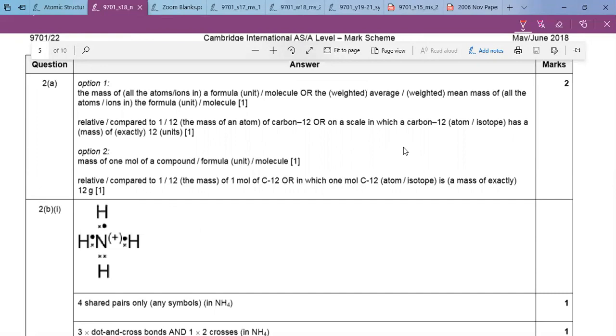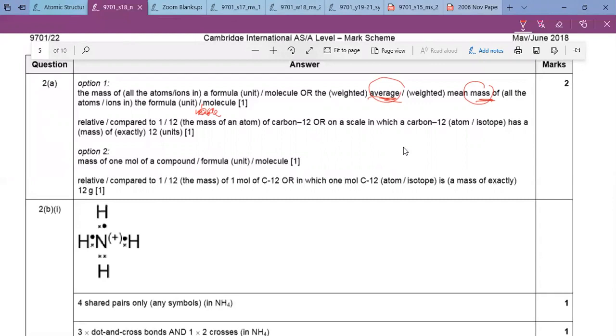A better one, which is what I use, is average mass, since mean means average: the average mass of all the atoms or all the ions in the formula, or of one molecule of the compound.